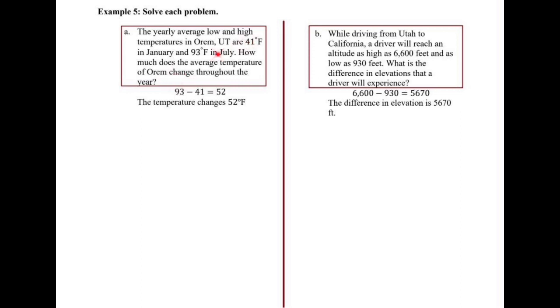Okay. We want to see what the difference is, right? The difference between the two temperatures. Oh, helps if I spell it right. Difference. There we go. Okay, so we're subtracting. That's part of my understanding. I need to know that we are going to subtract.